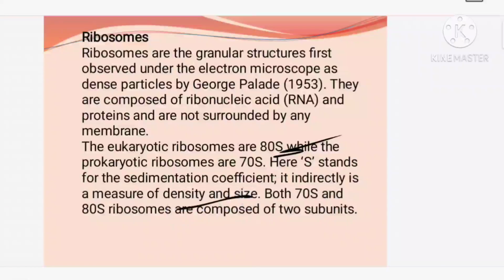Density and size, how big, how dense it is. Both 70S and 80S are composed of 2 subunits, isn't it? One is the light subunit, and another one is the heavy subunit. So, whether it is 80S or 70S ribosomes, they have 2 units, one light unit and another heavy unit.